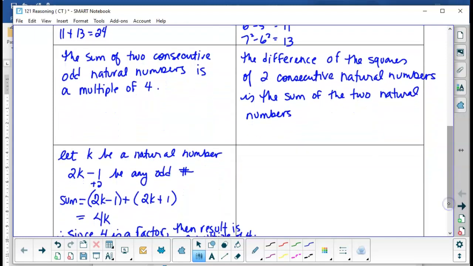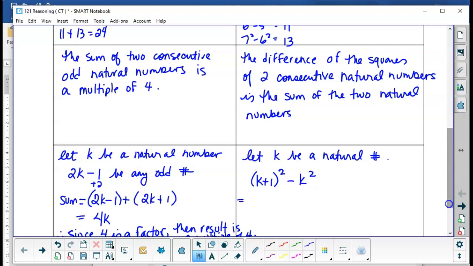Okay. So, natural numbers, so let k be a natural number. Okay, so then we wanted to take this would be the smaller one, so k plus 1 is the bigger one, consecutive, square it, minus k squared.